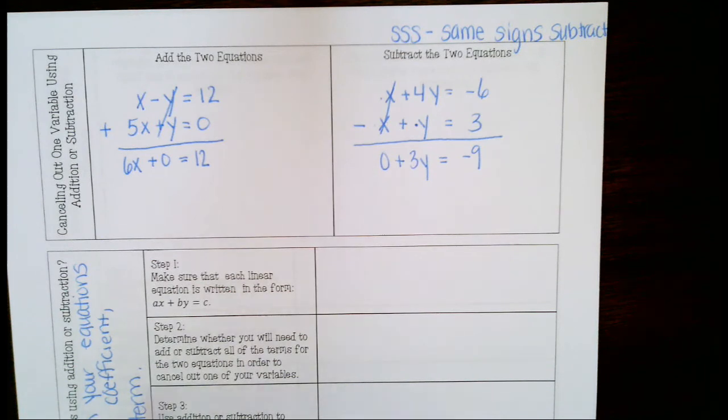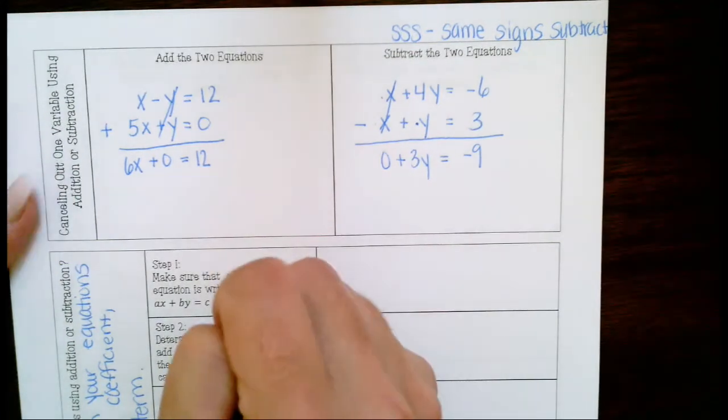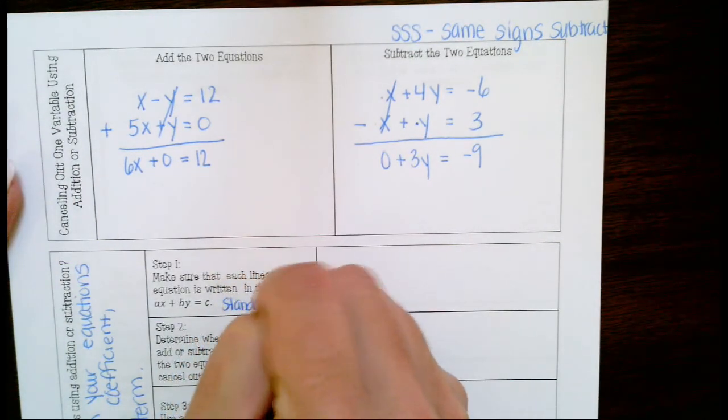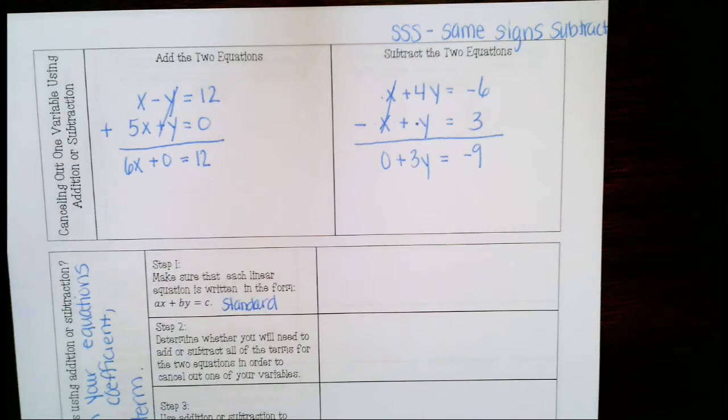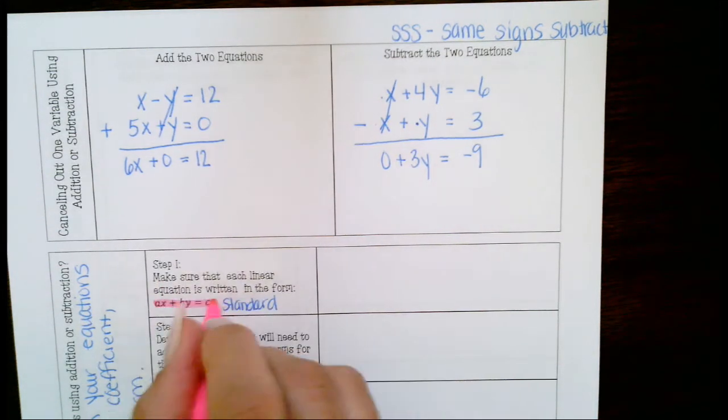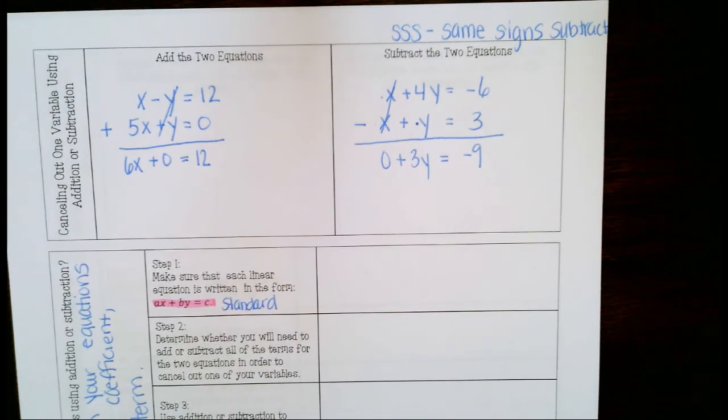Okay, so make sure that each linear equation is written in the form ax plus by equals c. That is our standard form. Okay, so when we were in slope-intercept form, we said graphing worked pretty easily. Also substitution works when I'm in slope-intercept form.